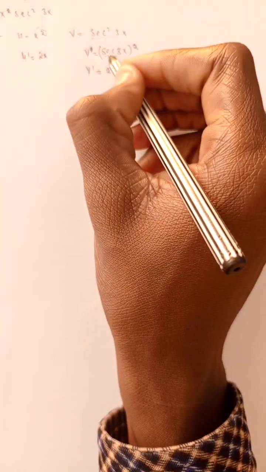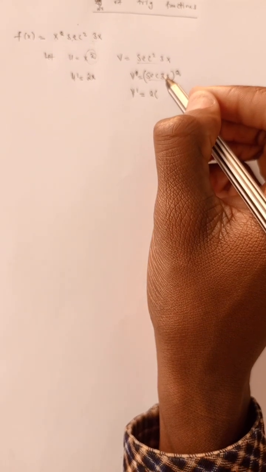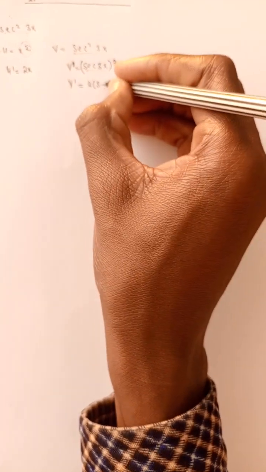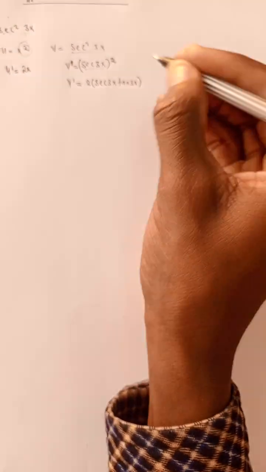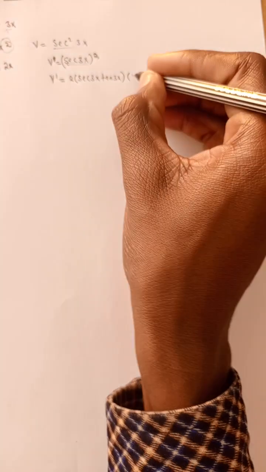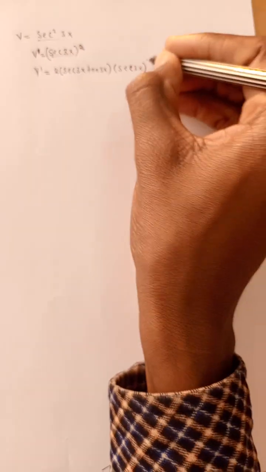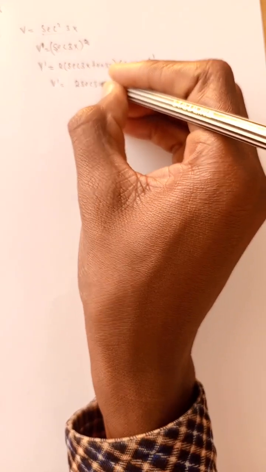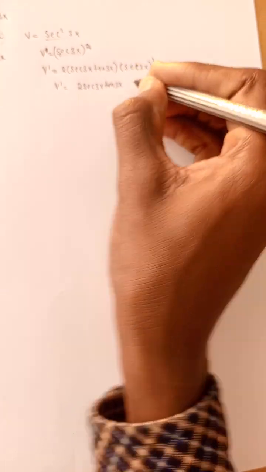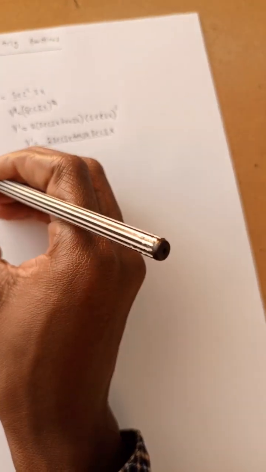If you differentiate sec with respect to x, we get sec 3x tan 3x, and then you maintain what's inside, and the power reduces by 1. So that's that.